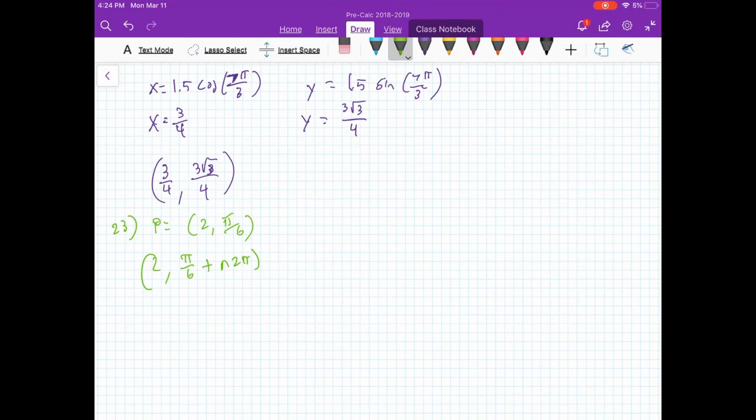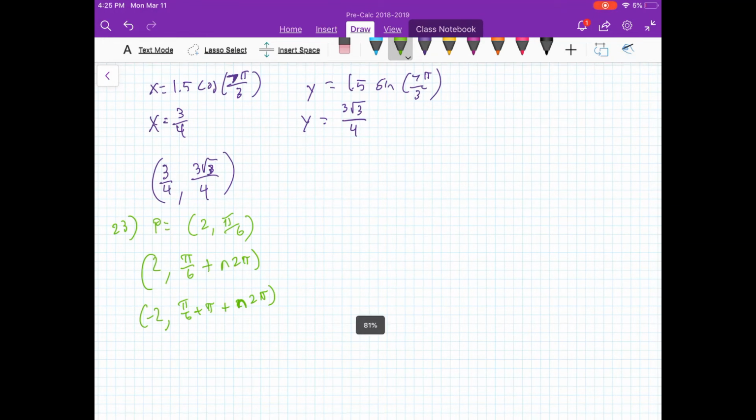Those are some of the points. The other points we can write are if we did -2, going backwards. We do -2, and then pi over 6 plus pi, plus some number times 2 pi. Let's simplify: pi plus pi over 6.